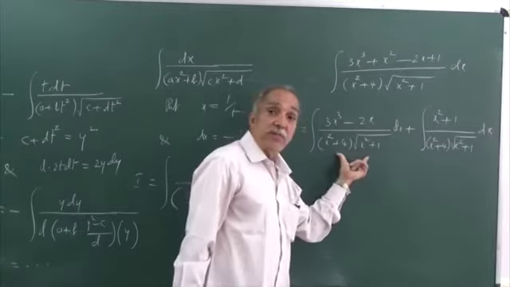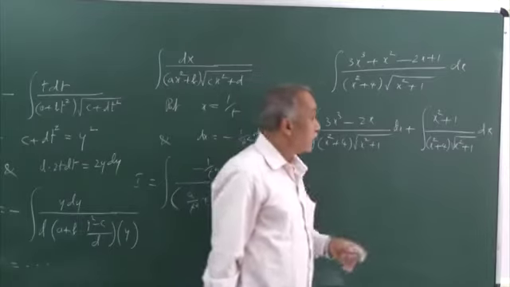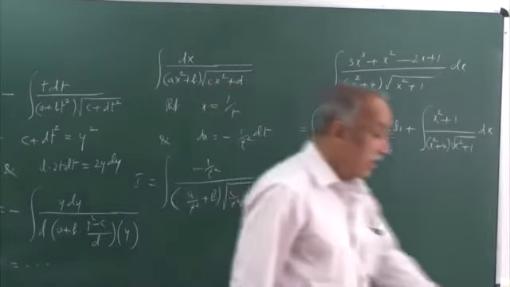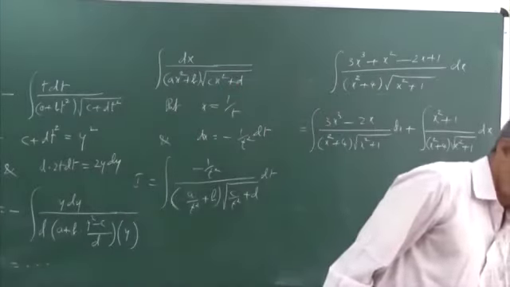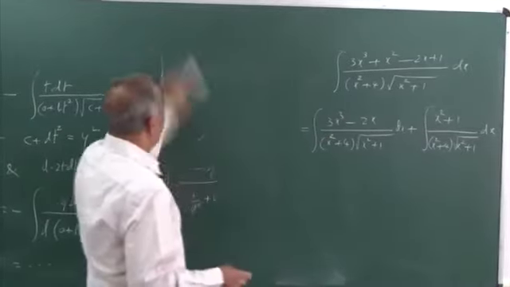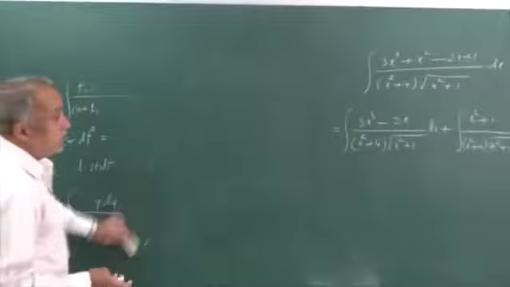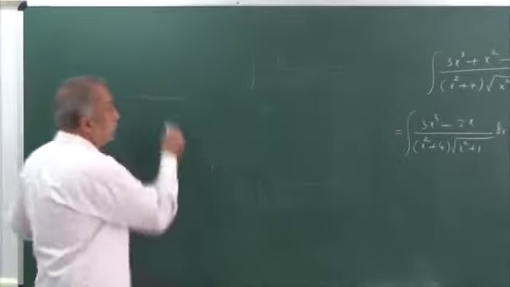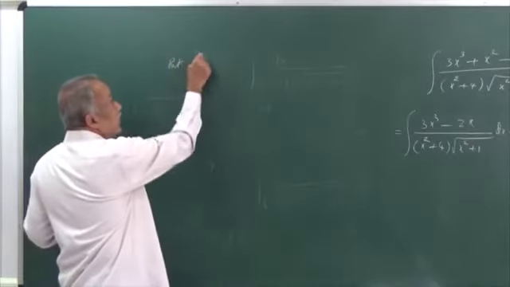You may use x square plus 1 equal to y square. Let us think of the other later separately. Let me handle the two integrals one by one individually. For the first integral, the method I have already told you is the substitution x square plus 1 equal to y square.